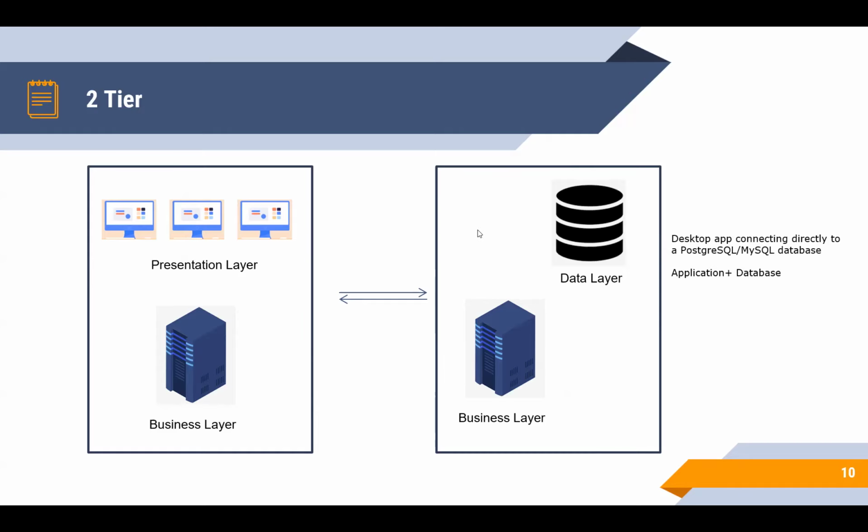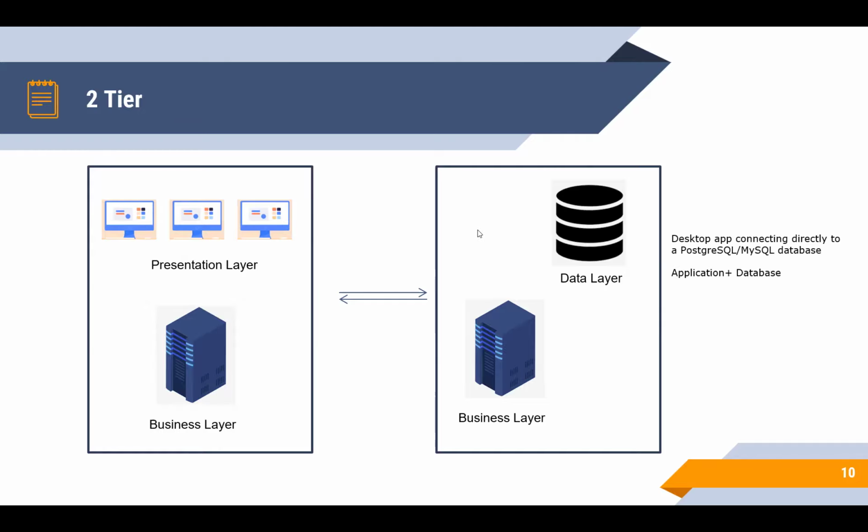If you take the example of any application which is directly interacting with the database, in one machine you are keeping only the presentation part where the user will interact and can see, but the database the user cannot touch, because you have kept it on a different machine.